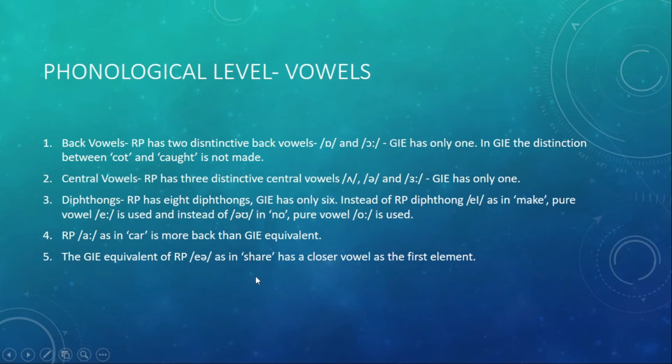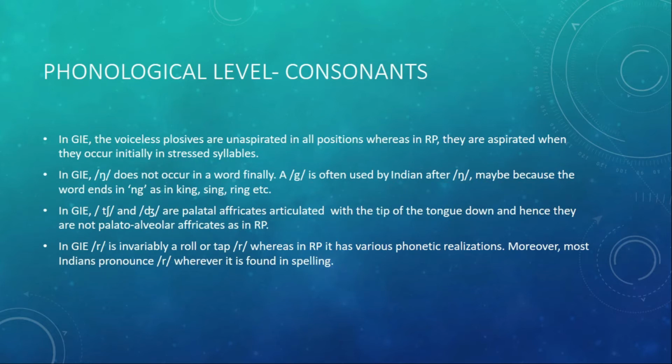But the first element is actually more of a close vowel in GIE. So these are some of the differences between GIE and RP at the phonological level.